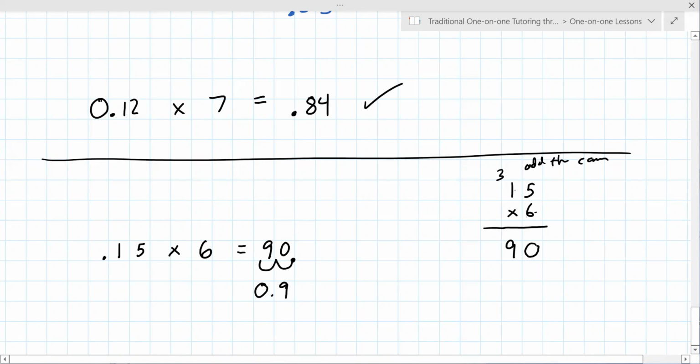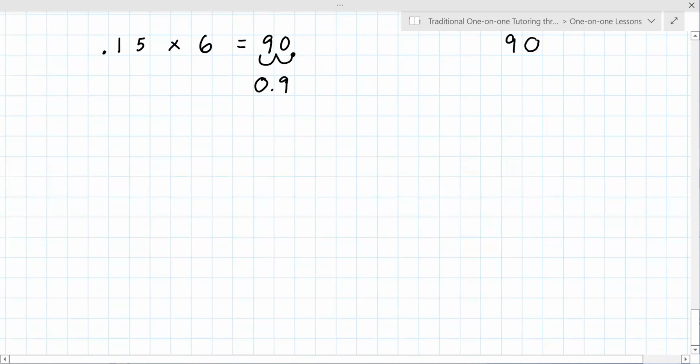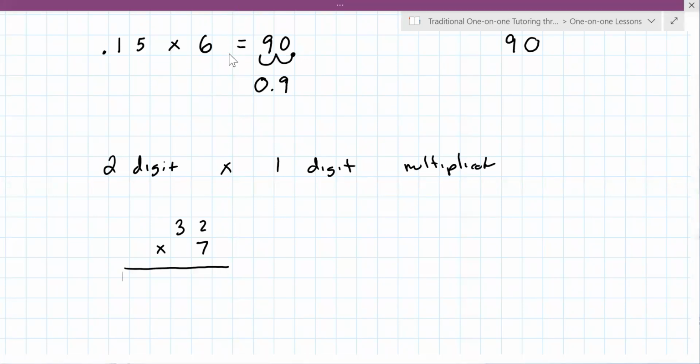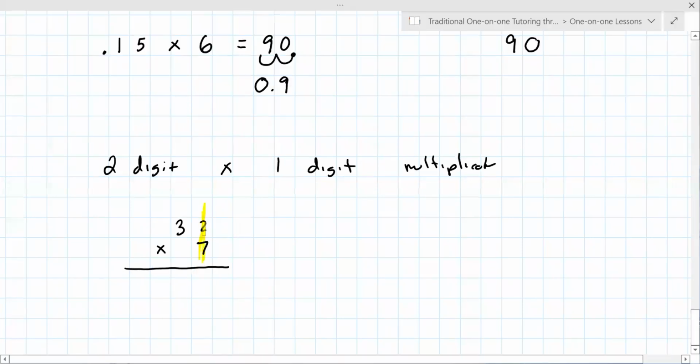Okay, let's try some 2-digit by 1-digit multiplication. So something like this. Let's go 32 times 7. To do a 2-digit by 1-digit multiplication, you start by multiplying the first column on the right.